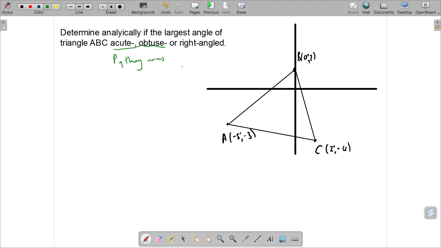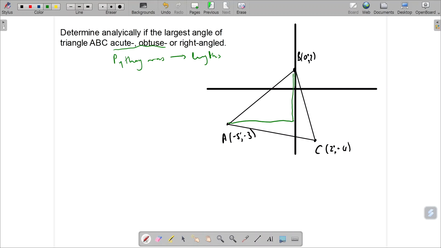For Pythagoras, I need to know the lengths of the sides. Okay, so what I'm going to do is, as I said to you, draw in my triangles. And if I draw in this triangle, it's convenient that point B is on the y-axis.